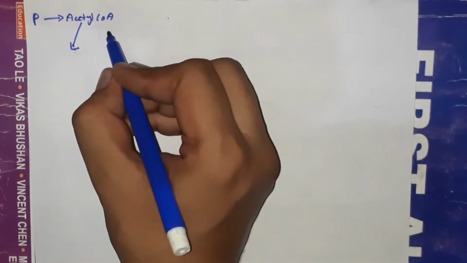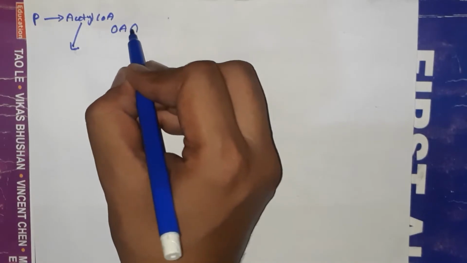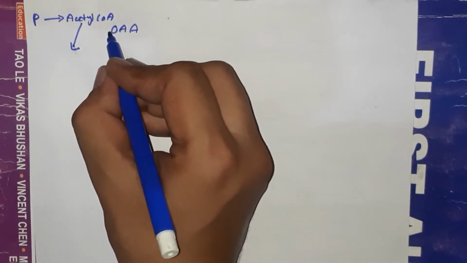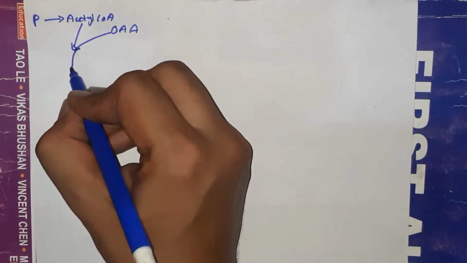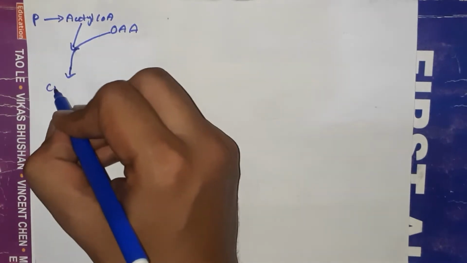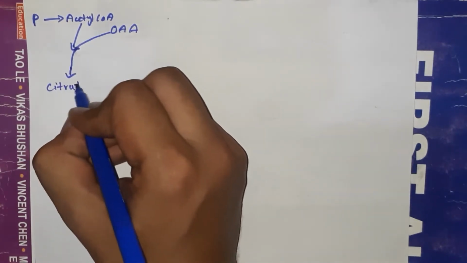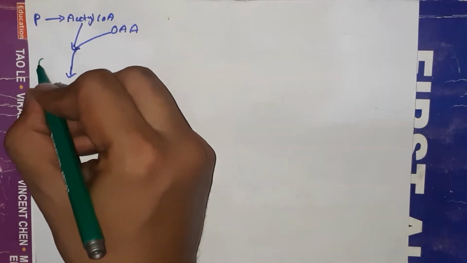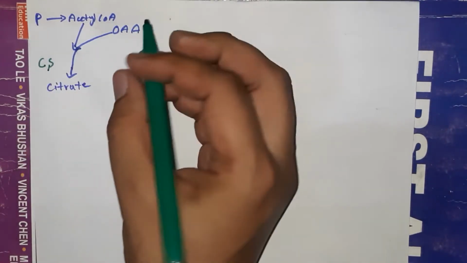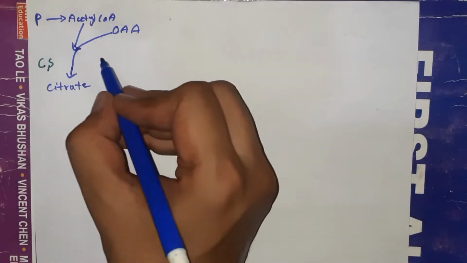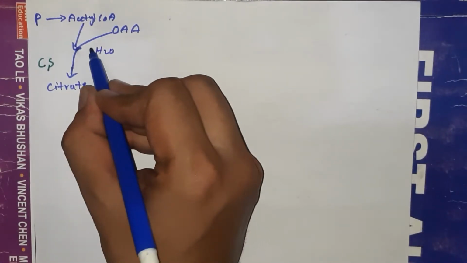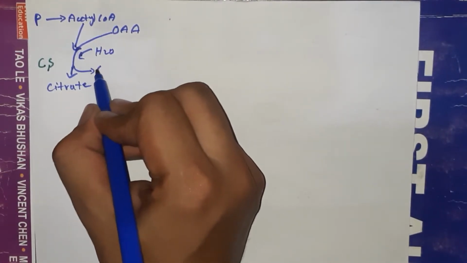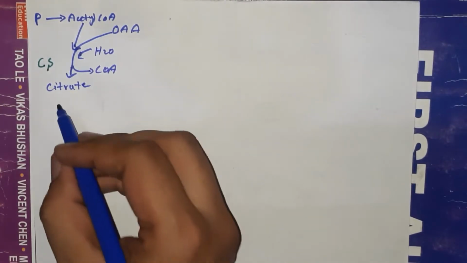Acetyl CoA reacts with oxaloacetate, the intermediate of TCA cycle, and forms citrate, and this reaction is catalyzed by citrate synthase enzyme. Water enters and CoA leaves in this reaction.